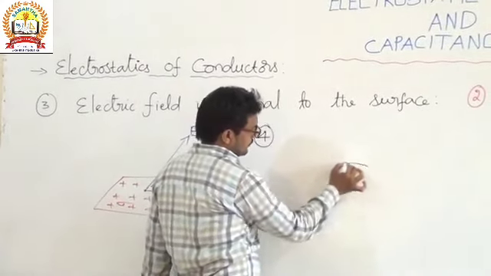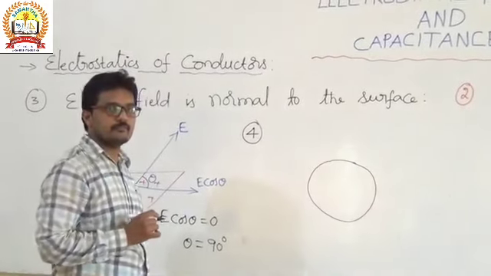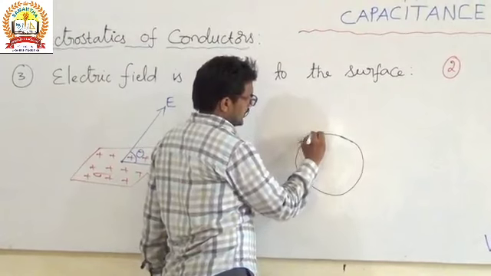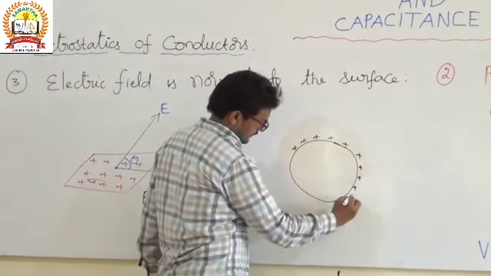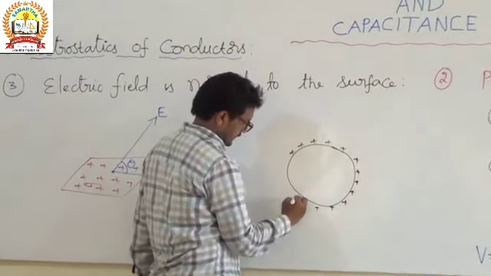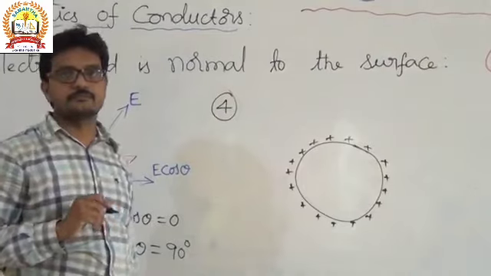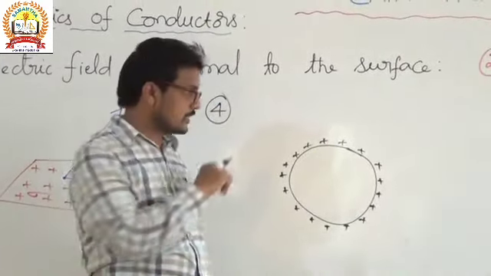And one more thing: we want to find the surface charge density sigma for the conductor. Again we assume the charge resides on the surface of the conductor, and we want to find the surface charge density on the surface.